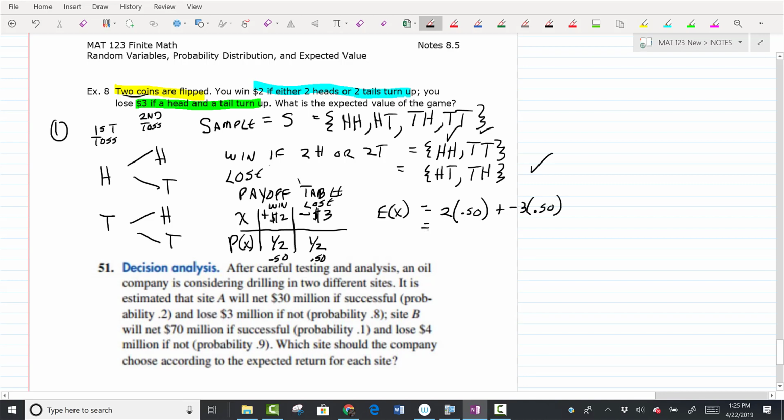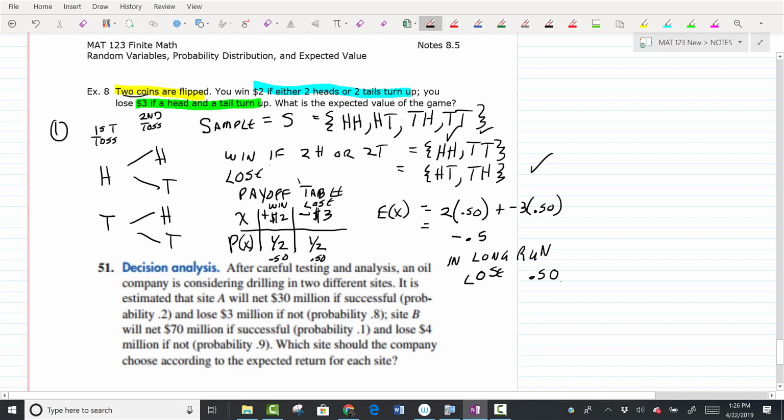Again, you just do that on your calculator and you'll get a negative number. I can tell it's a negative number. If you did that in one step on your calculator, you can check me on this. I think that's -0.5. So what it means is in the long run, you're going to lose 50 cents. 0.5 is half a dollar, so you would lose 50 cents, because it's negative.